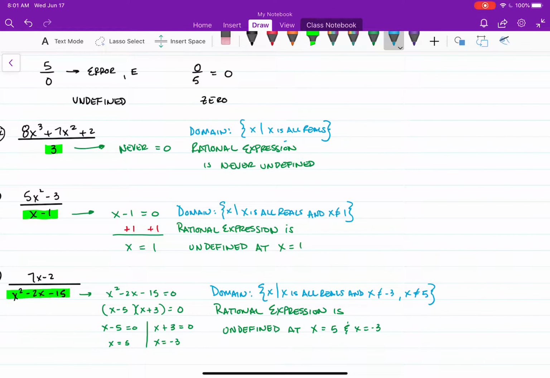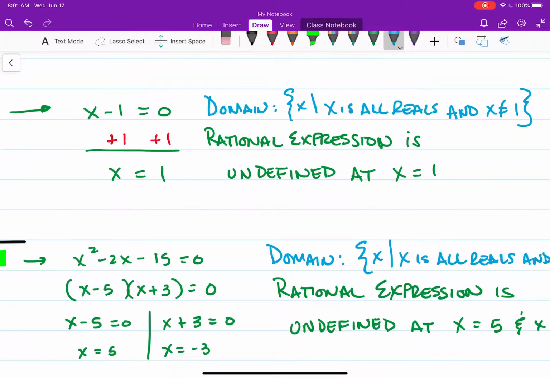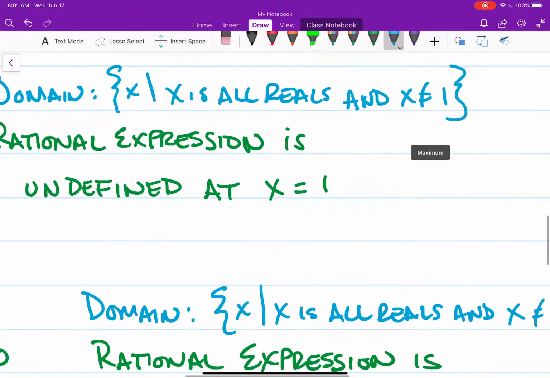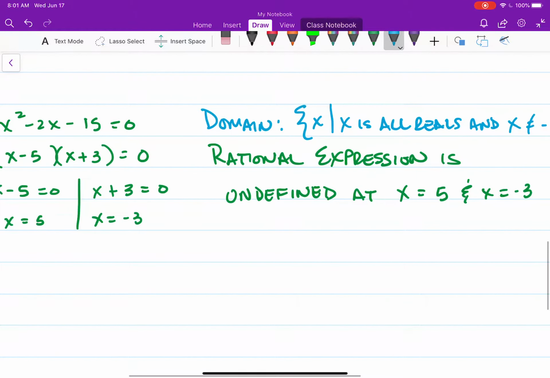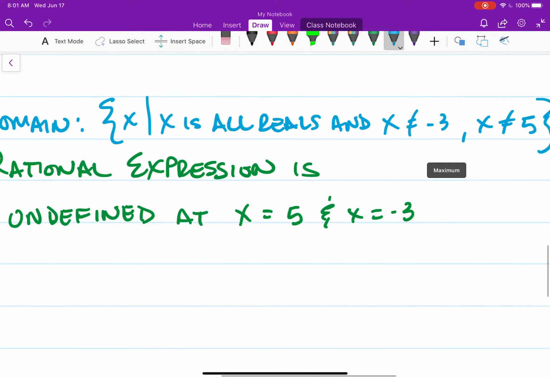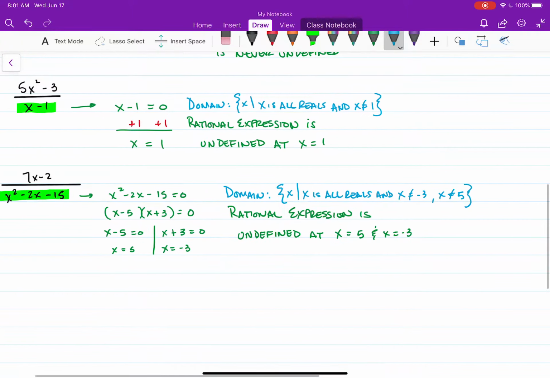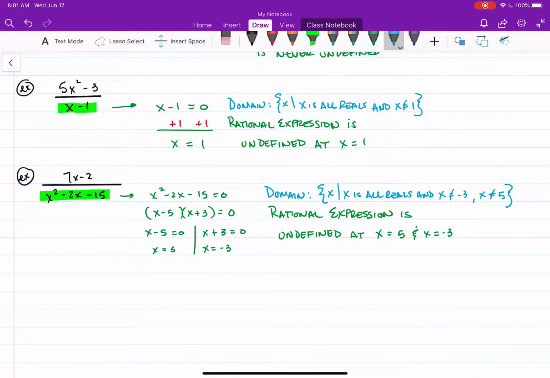I can use all the x values, but whatever I find that makes the fraction undefined is what I throw over here. Same thing here: 5 and negative 3 make the fraction undefined, so x cannot equal those. So if it asks when the rational expression is undefined, take the denominator, set it equal to 0, solve, and that's all you've got.